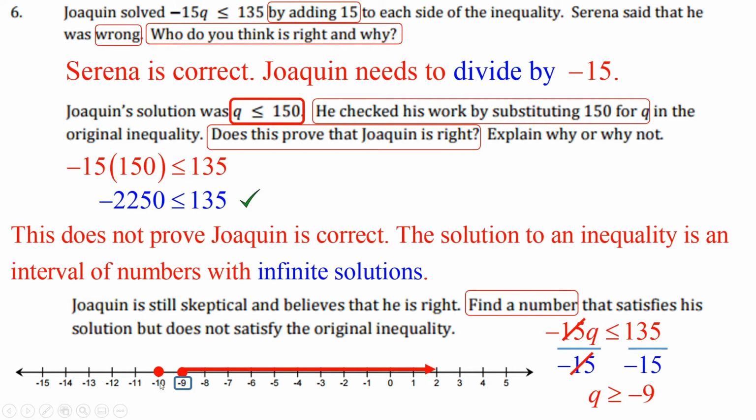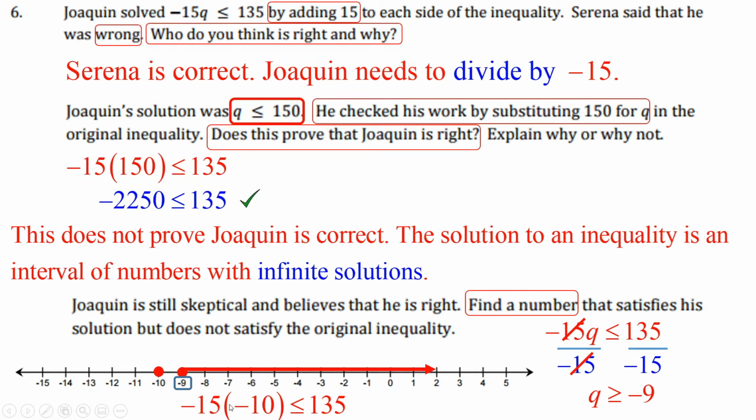Let's see if this negative 10 works for Joaquin's solution, but not the correct solution. So negative 10 less than or equal to 150. Well, I agree it works there. And we could even go to the original: negative 15 times q, which is negative 10, is less than or equal to 135.